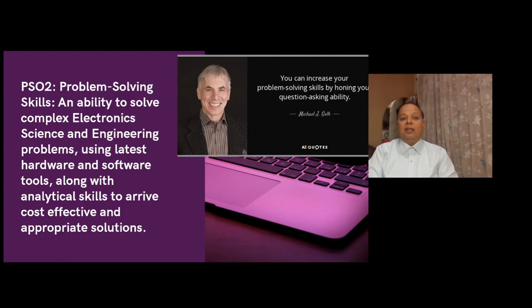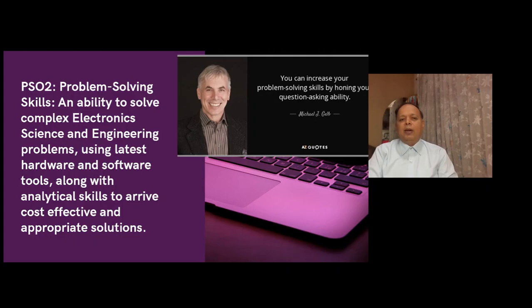And these skills are very important, because in real life you will be encountering many complex problems, not only in electronics, in general. So here you can apply your hardware skills. Here you can apply your software skills. Nowadays, a new discipline is coming that is called hardware software co-design. So those skills can be applied. And then most important is, how do you analyze things? So analytical skills are important.